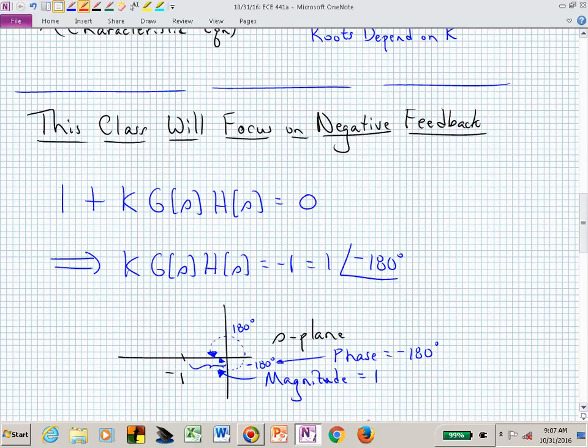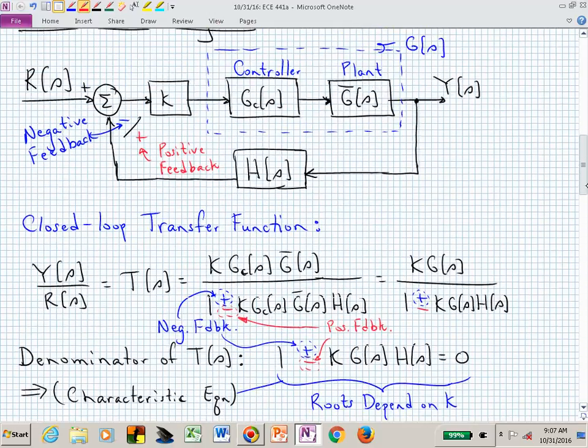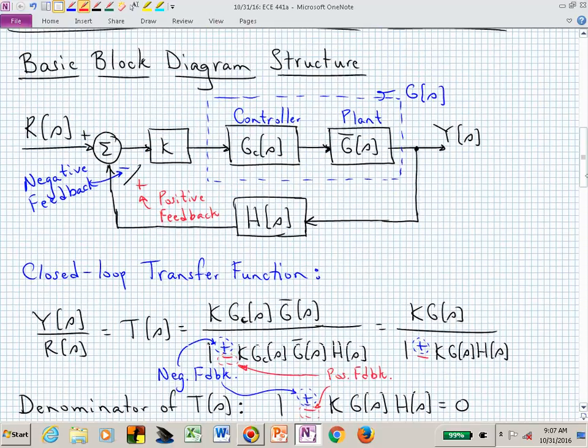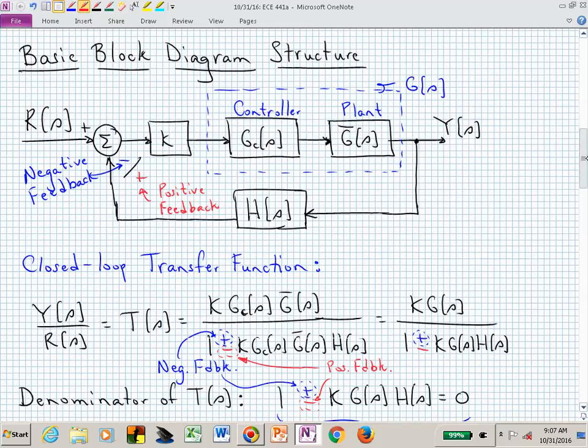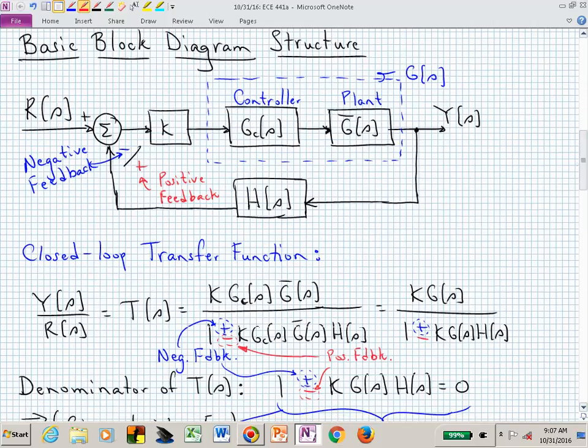So what's the role of h of s? H of s could be a piece of your controller, but it may be sensor dynamics. It may just be additional dynamics that are filtering your output signal y of s. And h of s may be fixed, or you may have the liberty to adjust it. A lot of times h of s in our class will be 1.